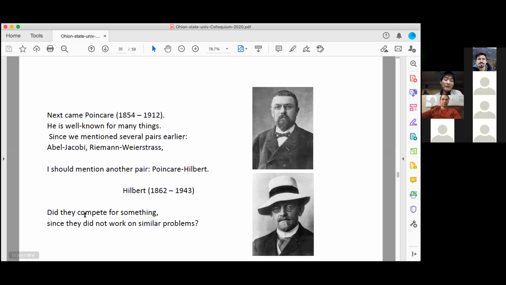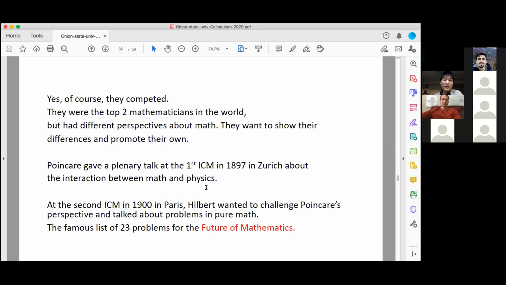Well, you may wonder whether they compete for something, since they do not work on similar problems. So what do they compete over? Yes, they do compete. They were the top 2 mathematicians in the world at that time, but have different perspectives about mathematics. So they want to show that difference and promote their own.